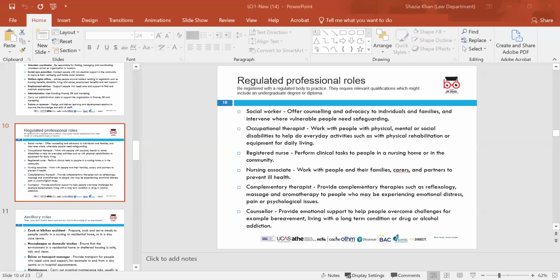And a counsellor. What do you think a counsellor's job is to do? What do you think a counsellor does? Counsel the patients and also the staff. Okay. Do counsellors work with the individuals to offer any sort of emotional support?